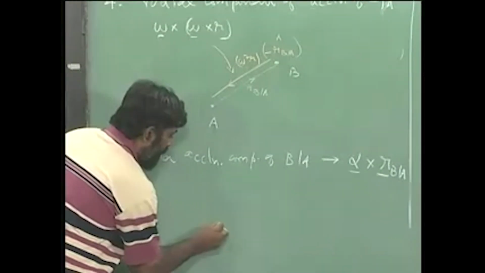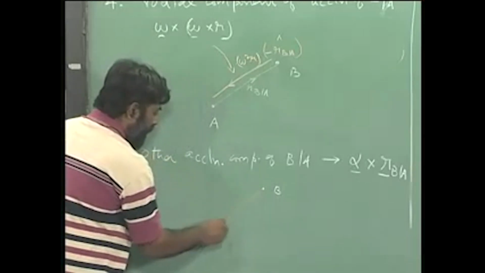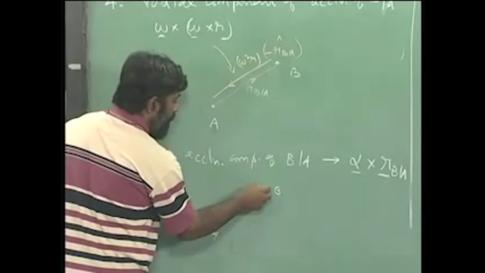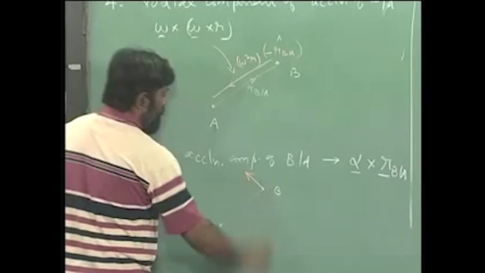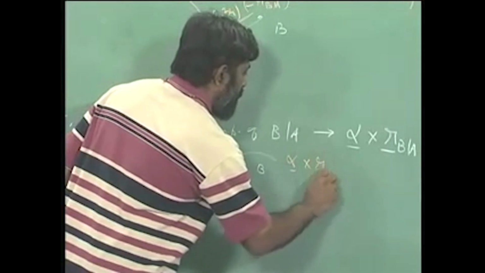If I have point A over here, point B over here, the direction of alpha cross RB with respect to A will be in this direction. This is alpha cross RB with respect to A.